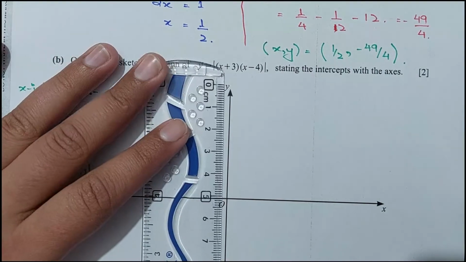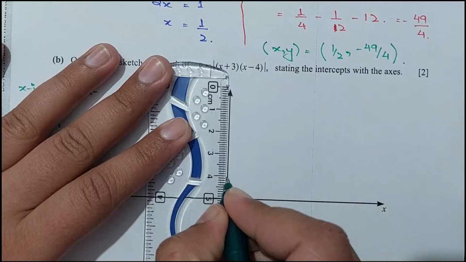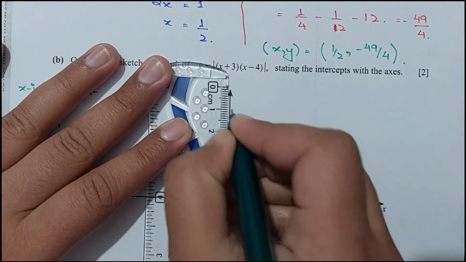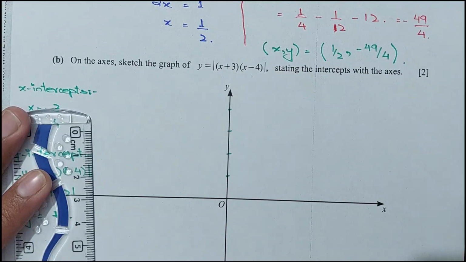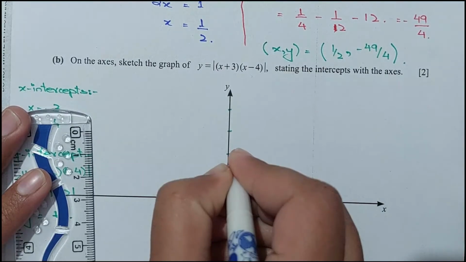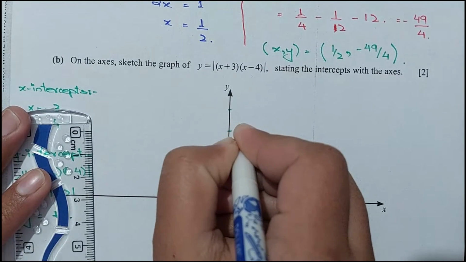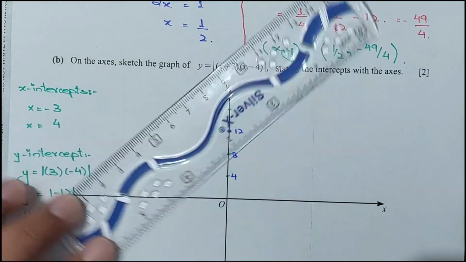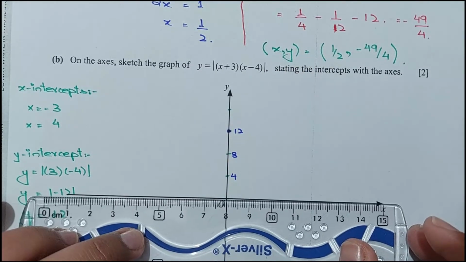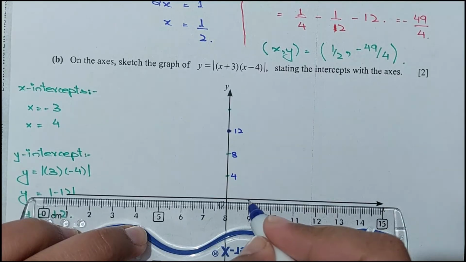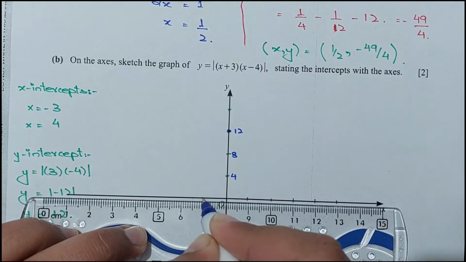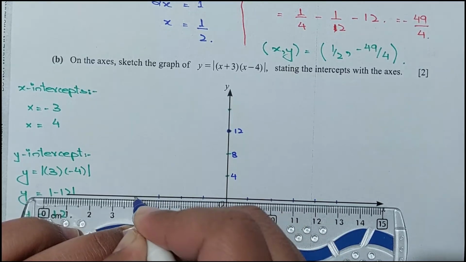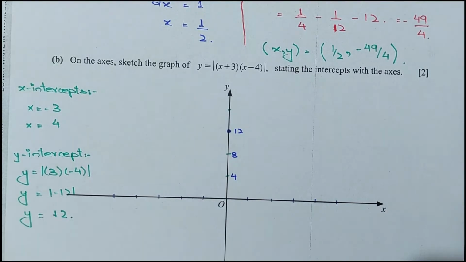Alright, so let me do this. 1, 2, 3, 4. We can say this is 4, 8 and 12. This is the y-intercept. And for the x-axis, we can say this is 1, 2, 3, 4, 5, minus 1, minus 2, minus 3, minus 4 and minus 5.